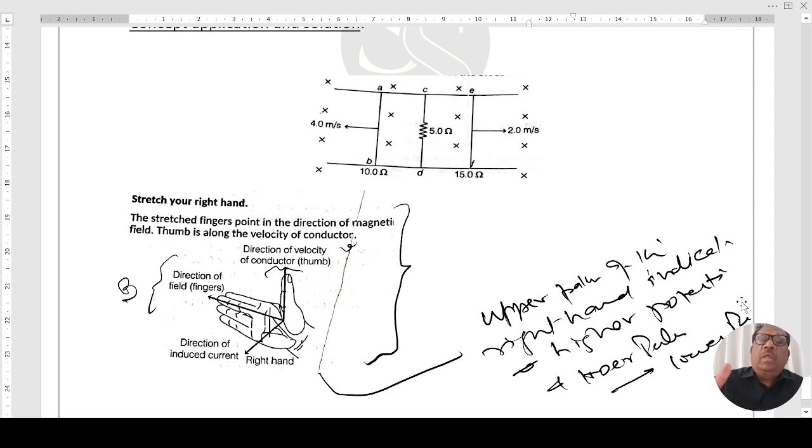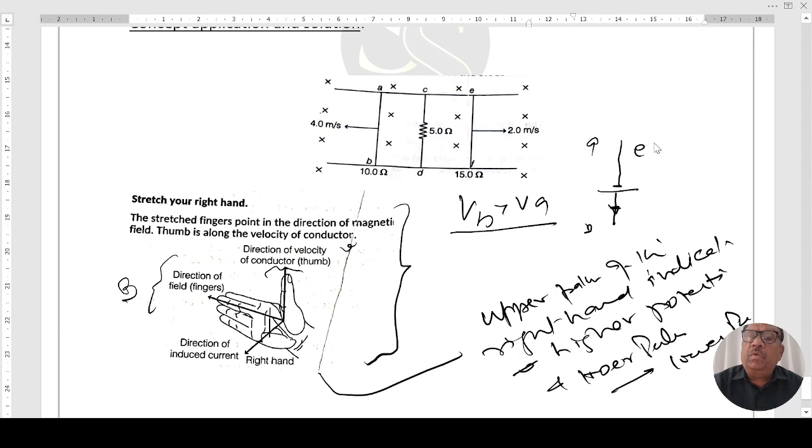In this case, these are the fingers like this, so this is the upper and this is the lower. So VB is greater than VA. If this is A, this is B, then the direction of induced current will be like this.